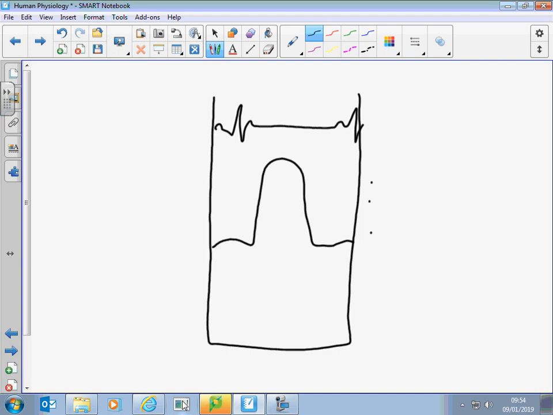So this big rise in pressure is the contraction of the ventricular wall, applying pressure to the blood. As that happens, if we're on the left side of the heart, it closes the mitral valve, won't it, the bicuspid valve, which stops blood going back into the atrium.